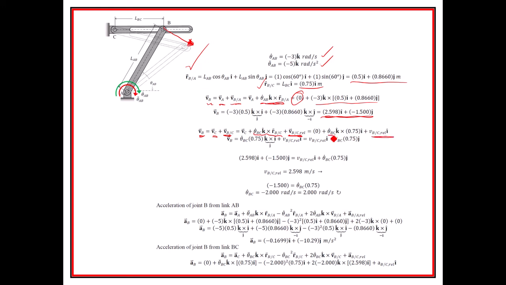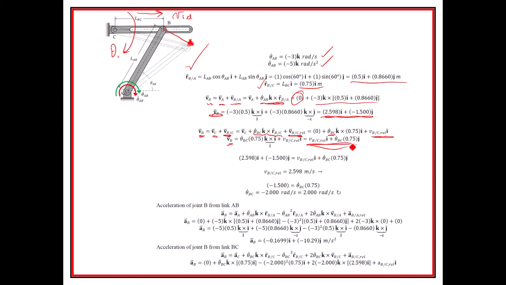And we don't know the amount of this theta dot, and we don't know the v_rel that's taking place right here. These are unknowns. But what we can do is equate that v_B right here with the v_B that we have right up here.